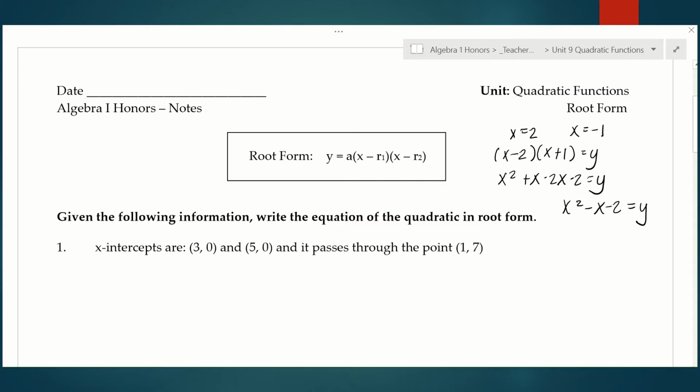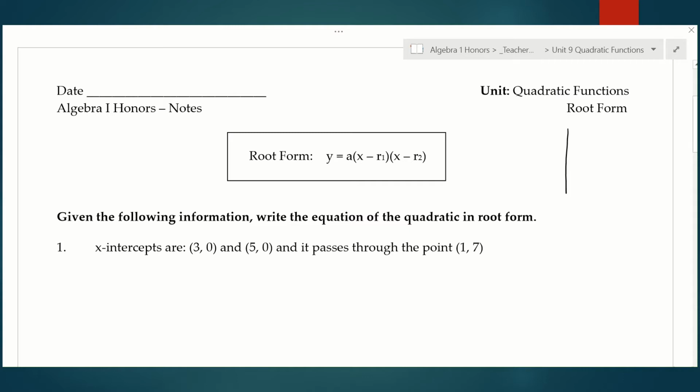But one thing that we didn't talk about is that there's an infinite number of parabolas that have those two roots. For example, if I look at a graph of this, I'm forgetting what my roots were. I think it was -1 and 2. So here's one parabola that has roots of -1 and 2. But I could have also made a parabola that looks like this, right?